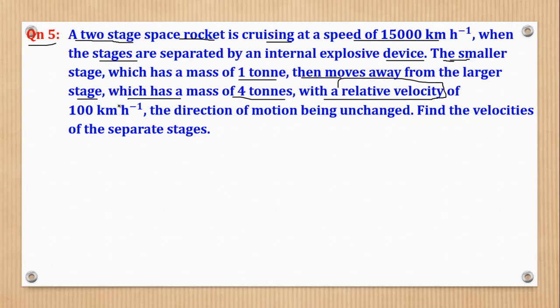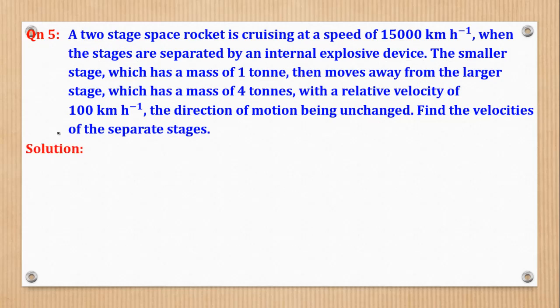I think we already covered relative velocity on this platform. The direction of motion being unchanged. Find the velocities of the separate stages.